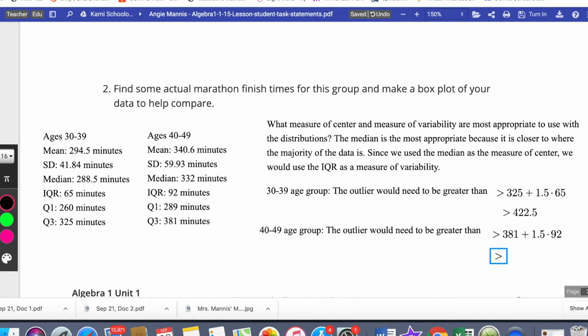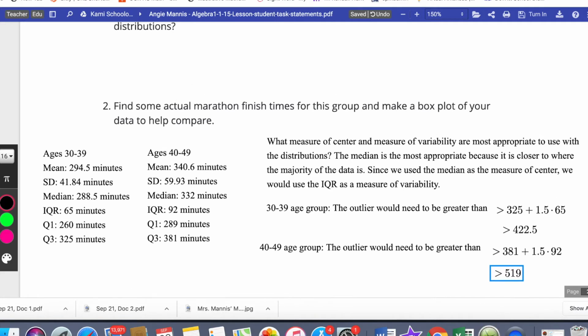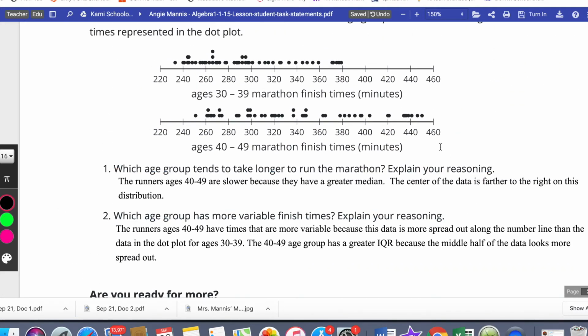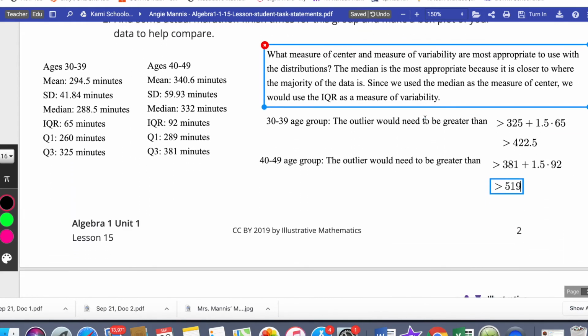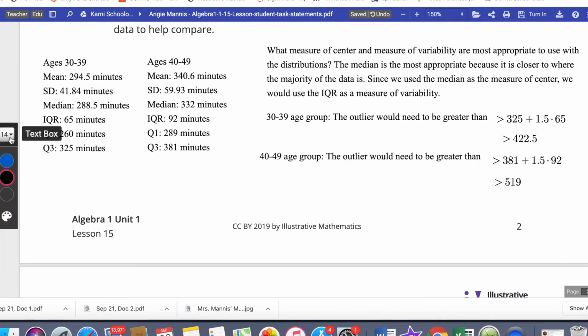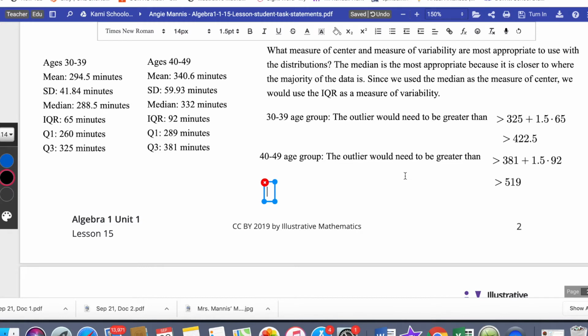So it needs to be greater than 519. The largest value is at 450, so no, going by that formula, there are not any outliers.